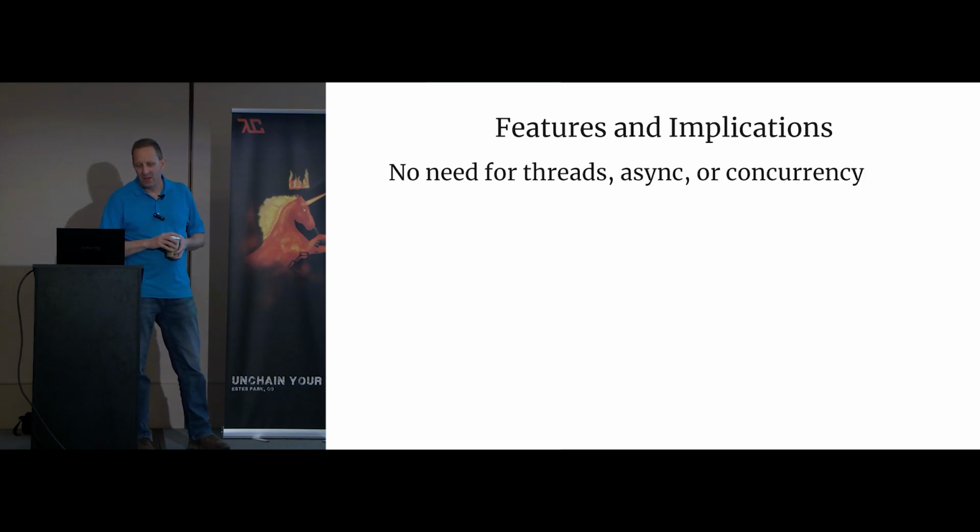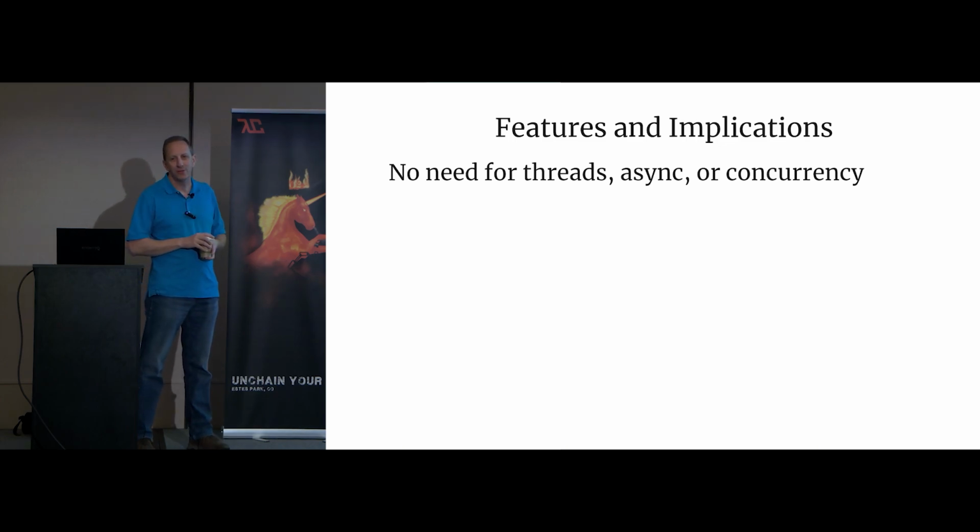Okay, now here's the part that leaves my jaw dropping. The implications of this: there are no needs, there are no threads. There's no async. There's no concurrency. Any part of your program that can be done in parallel gets discovered automatically. So you write what looks like single-threaded code, and it will find the parallelism and do it.